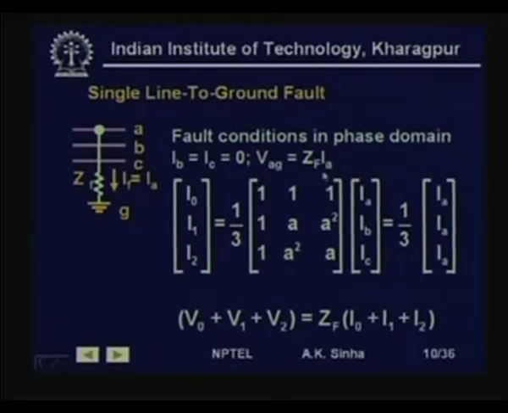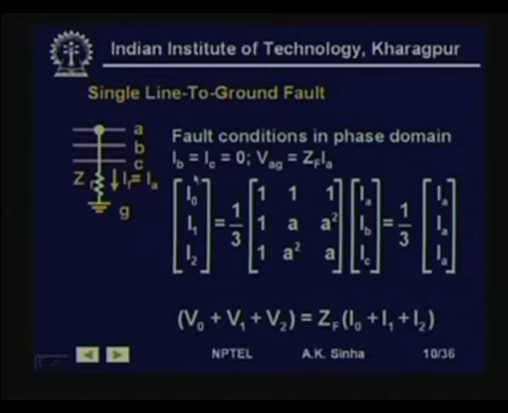Now, if we write these conditions to find out the symmetrical component currents flowing into the fault, then we will get I0, I1, I2, the symmetrical component currents at the fault point. This is equal to the inverse of the symmetrical component transformation matrix, which is 1 by 3, [1 1 1; 1 a a squared; 1 a squared a], into the phase currents IA, IB and IC.